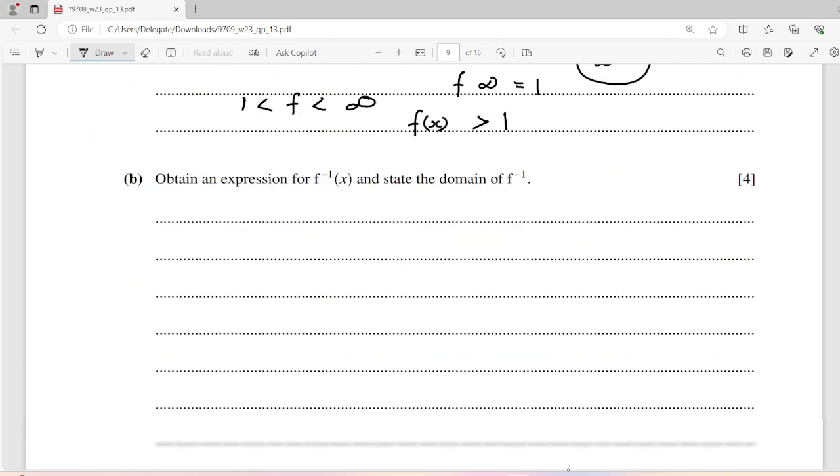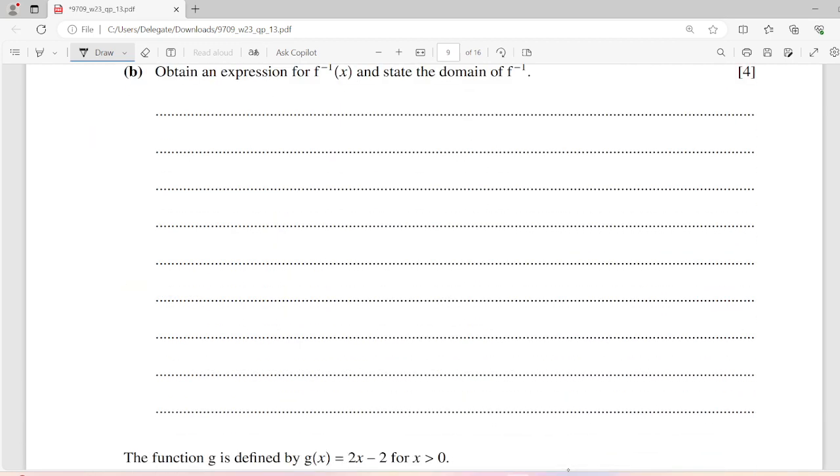So then part 2 says we find the expression for f inverse. You will let our expression f(x) to be y. So our f(x) was 1 plus 3 over x minus 2.